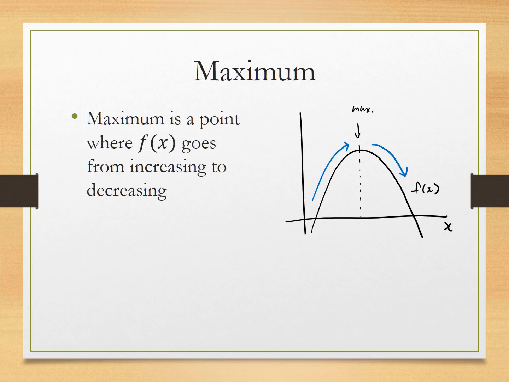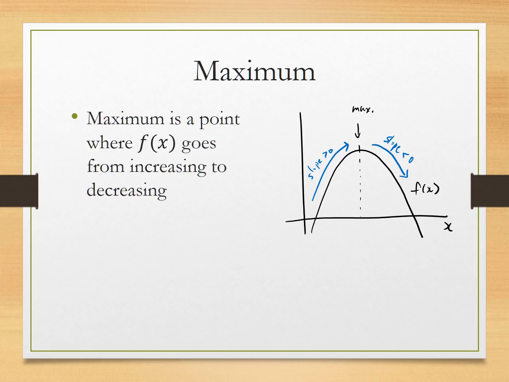What does that tell us about the slope? If a function is increasing, by definition, its slope is positive. If a function is decreasing, by definition, its slope is negative. So that's what we observe from this diagram. If you have a maximum at a certain point, then the slope must be positive on the left-hand side of that point, and the slope must be negative on the right-hand side.